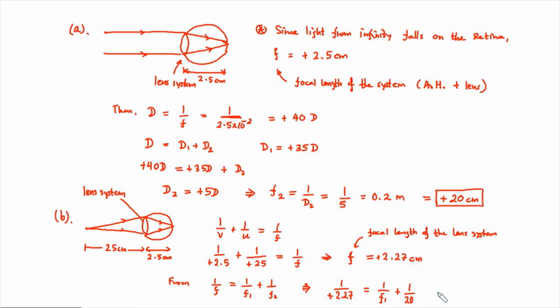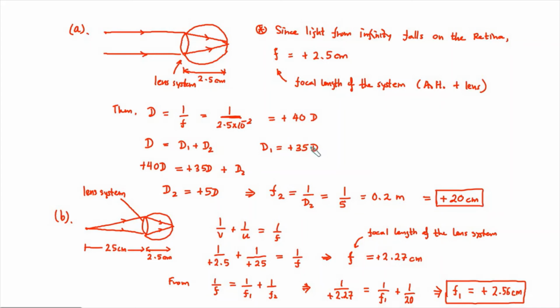And then we can solve for F1, and you will see that F1 is equal to plus 2.56 centimeters. So that's the focal length of the eye lens for this second situation.